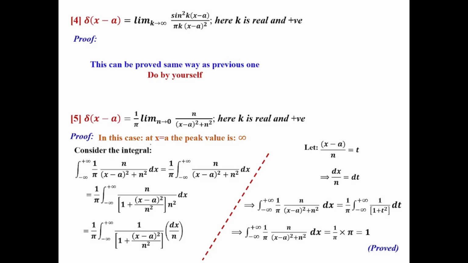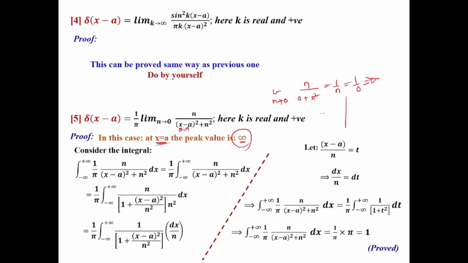In this case, at x equal to a, the peak value is infinite. How is it? Here you can see, if I put x equal to a over here, this part will be 0. 0 plus n square, so it will be 1 by n. Already limit n tends to 0 is there, so 1 by 0 equal to infinite. So peak value will be infinite at x equal to a.